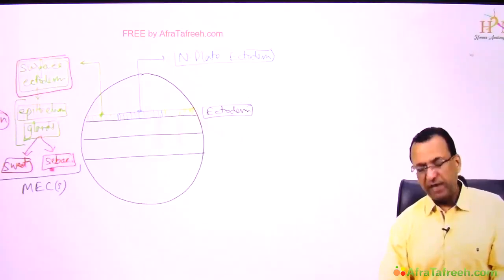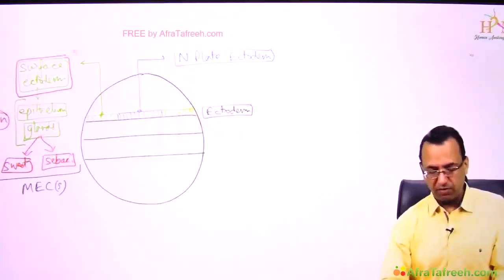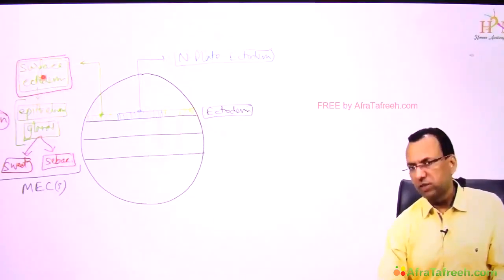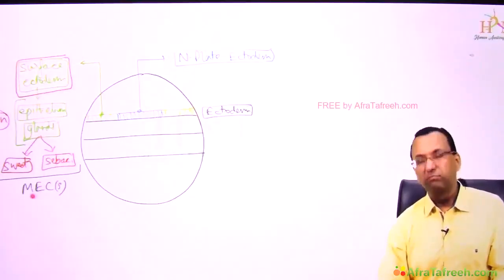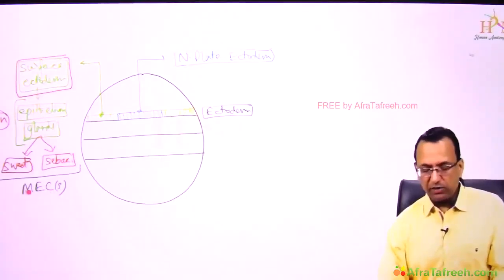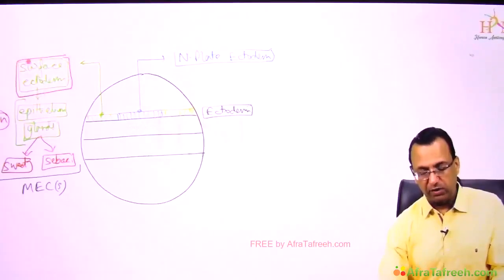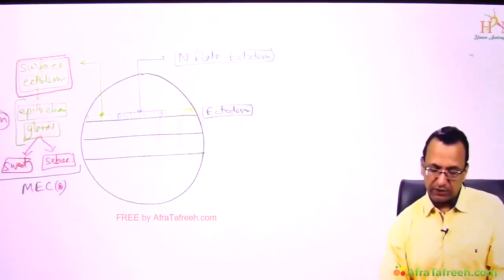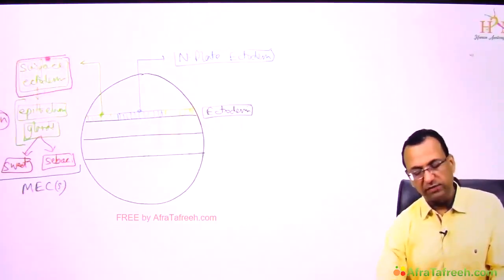And strangely enough, they also come from surface ectoderm. Why? What is strange about that? Because muscles generally come from mesoderm. So myoepitheliocytes are smooth muscles coming from surface ectoderm, which is strange enough because muscles generally come from mesoderm. But there are some muscles which can come from ectoderm. Do you know any more muscles which come from ectoderm?